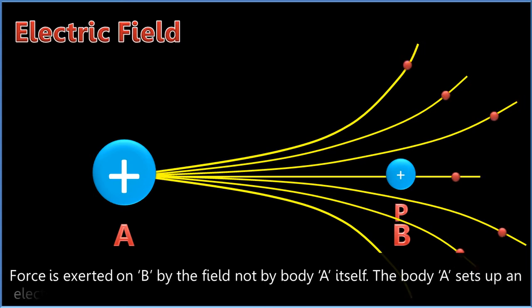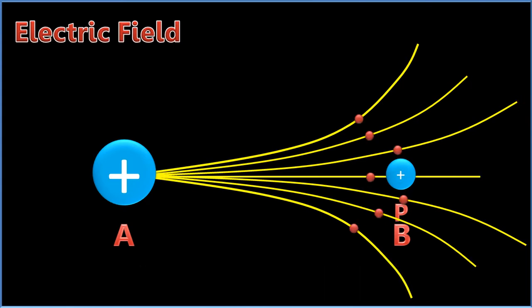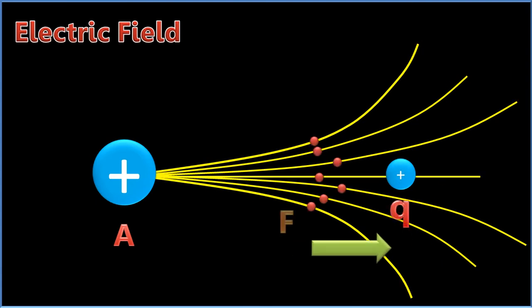The body A sets up an electric field and the force on body B is exerted by the field due to A. An electric field is said to exist at a point if a force of electric origin is exerted on a stationary charged test charge placed at that point.